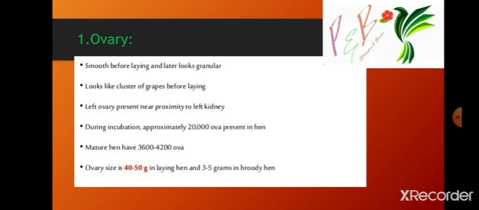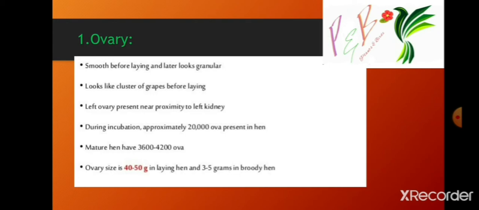Before laying, the ovary is very smooth, and later looks granular as it matures. It looks like a cluster of grapes before laying, about 1 or 2 months before it lays eggs. The left ovary is present near the left kidney.